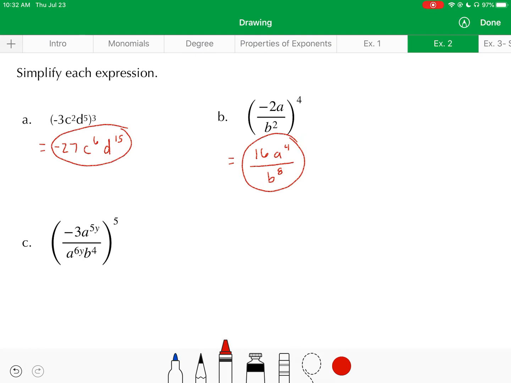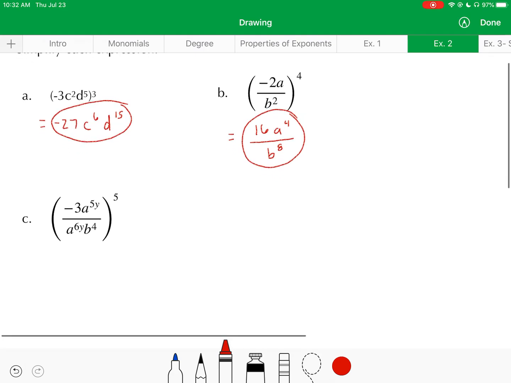All right, next, negative 3a to the power of 5y divided by a to the power of 6y times b to the fourth. We're raising that whole fraction to the fifth power. Now, what I'm noticing on the fraction itself is you can actually simplify a to the power of 5y divided by a to the power of 6y.